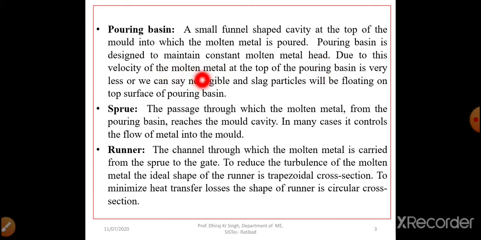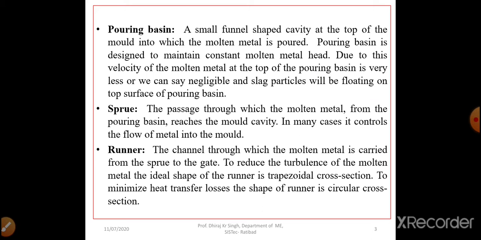Due to this, the velocity of molten metal at the top of the pouring basin is very less, or we can say negligible or zero. And slag particles will be floating on the top surface of the pouring basin. So slag particles will not go down through the sprue because slag particles are very light in weight. That's why they will be floating on top of the pouring basin.